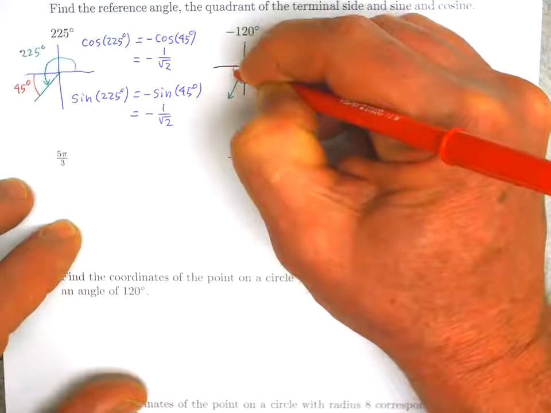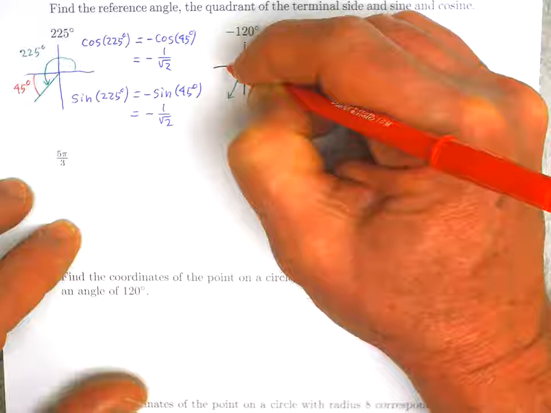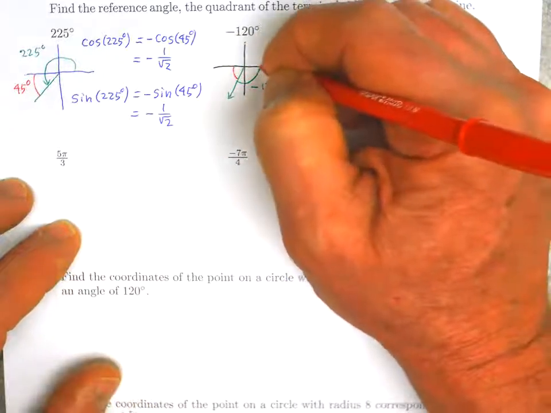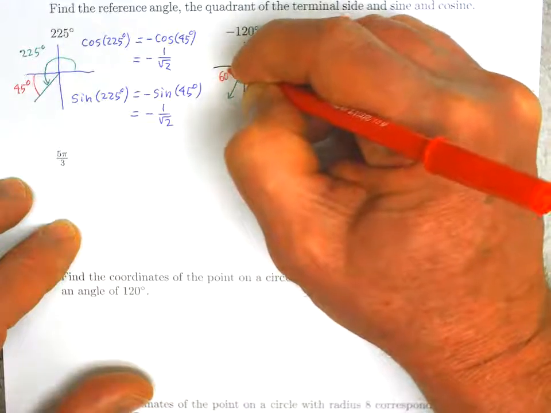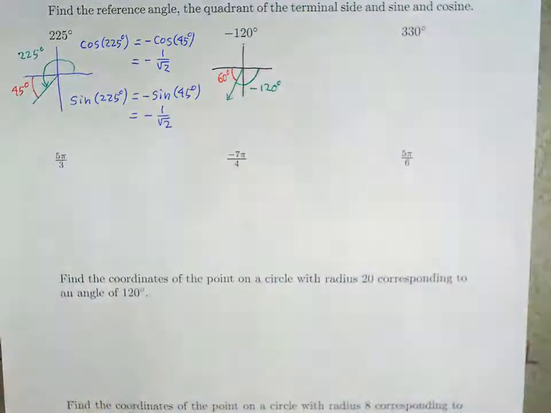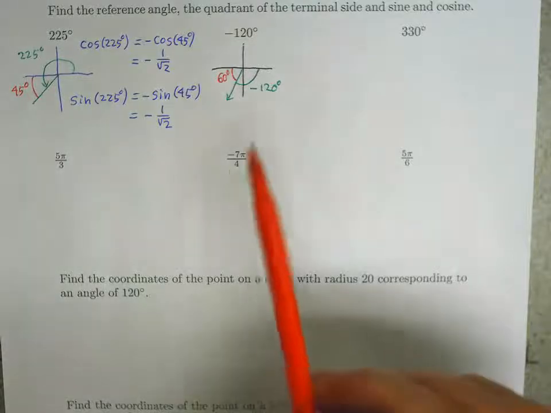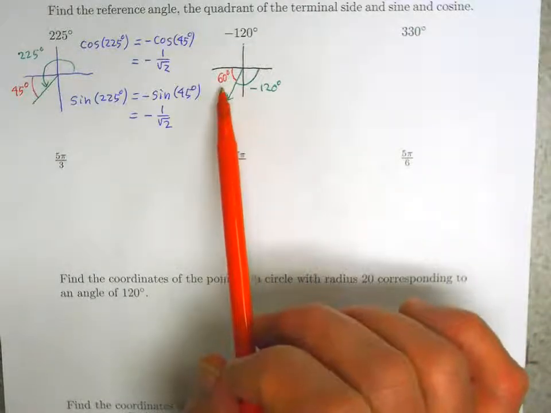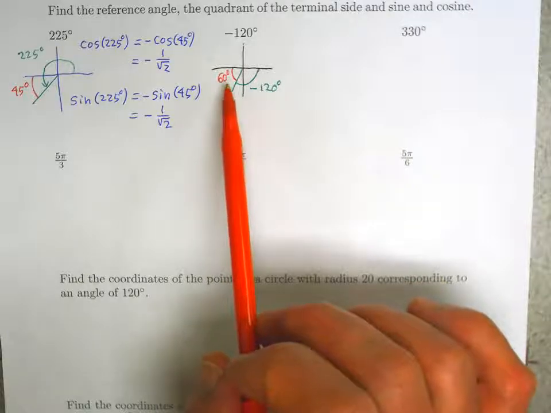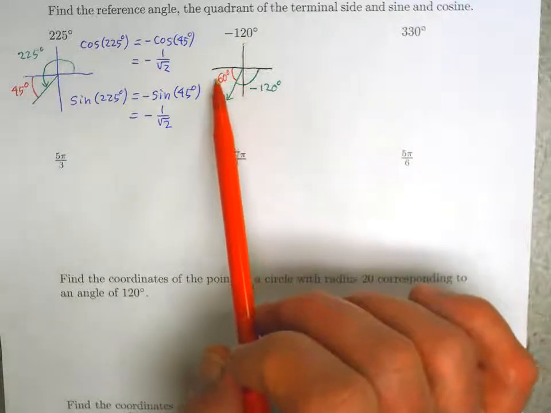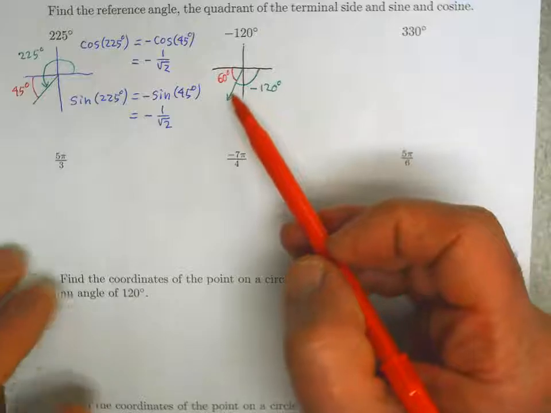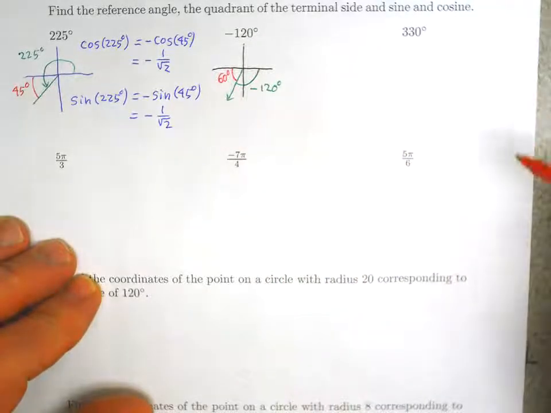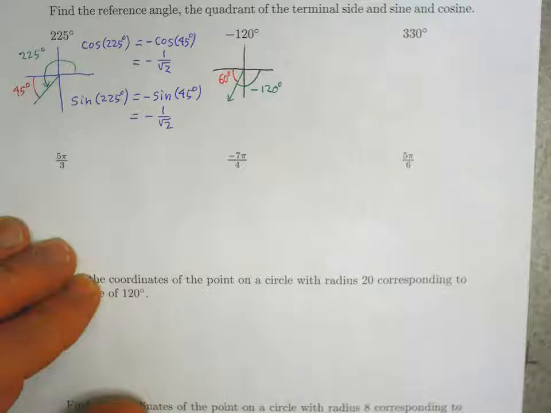To get all the way to the negative x-axis, we would have to go a total of negative 180. So the reference angle is 60 degrees. So remember, reference angles, we always think of them as positive numbers between 0 degrees and 90 degrees, or 0 radians and pi over 2 radians. Since the terminal side is in the third quadrant, then sine and cosine are both negative.